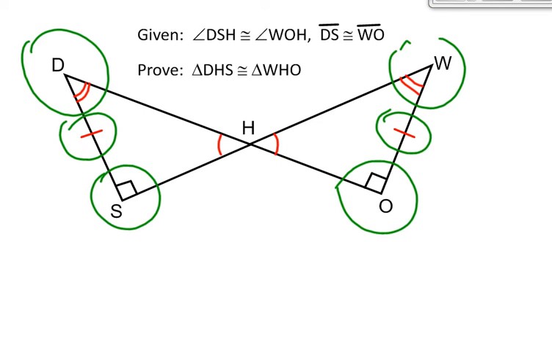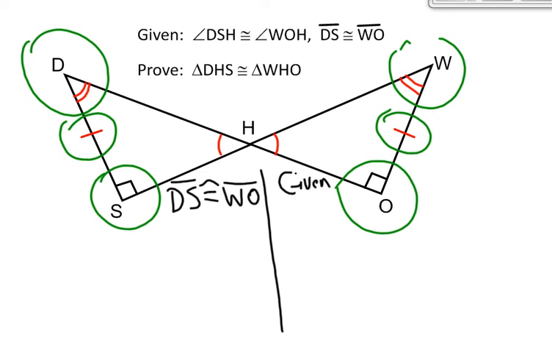So we're going to start out with knowing that DS is congruent to WO, okay, and that's given. I also know that angle WOH is congruent to angle DSH.